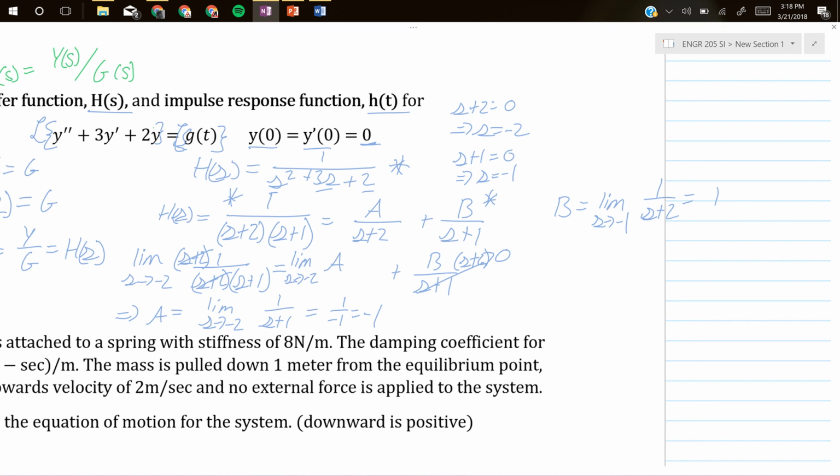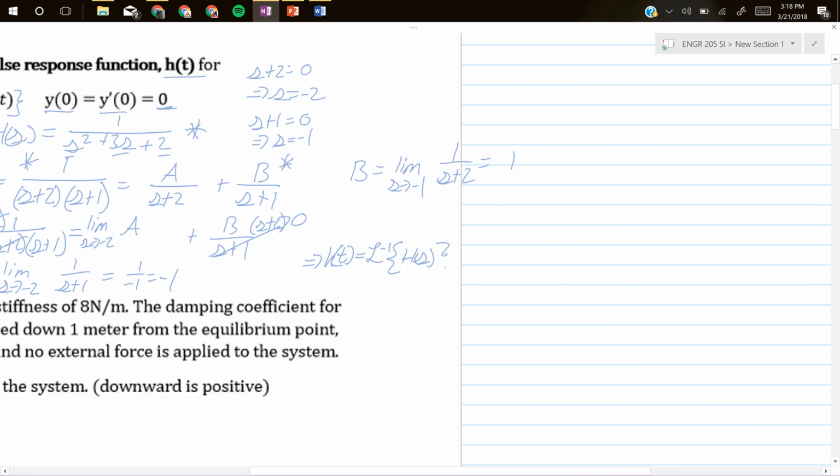So now that I have my A and B, this implies h(t) equals the inverse Laplace of H(s), which equals the inverse Laplace of -1 over s plus 2 plus 1 over s plus 1.